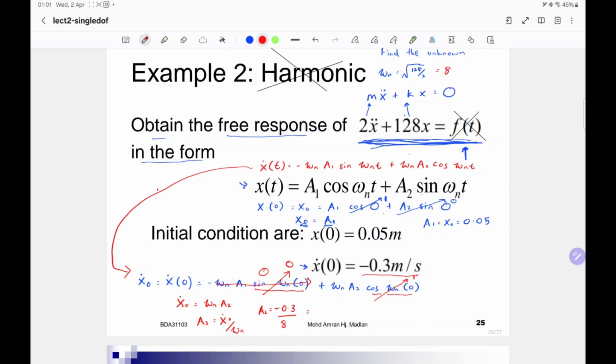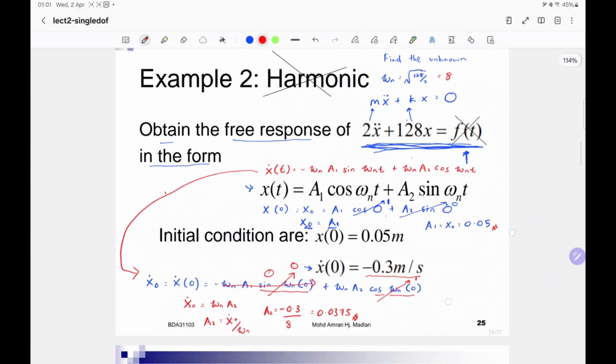So divide by 8, so it becomes 0.0375. So now we have already determined the A2 and A1 values.